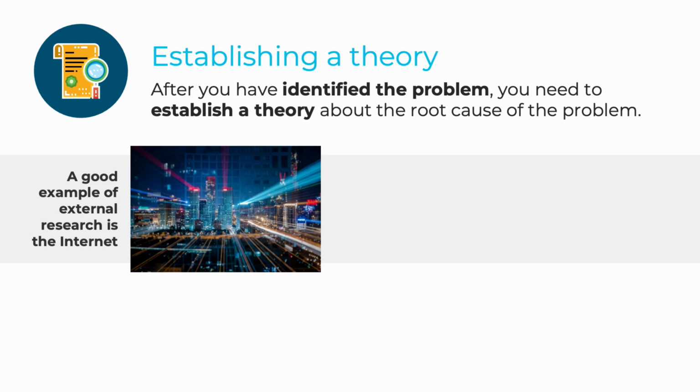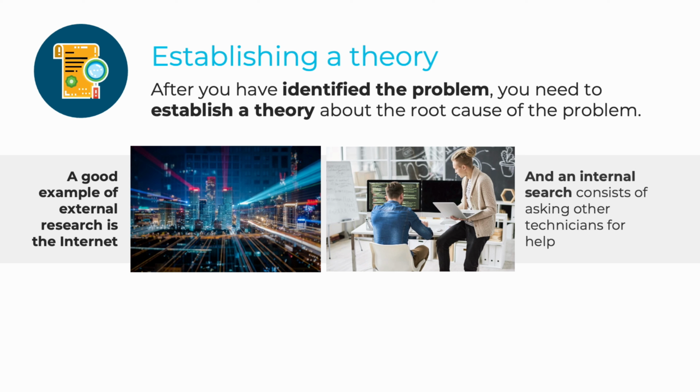It's an extremely powerful tool when you know how to do research, because it allows you to find quick answers to very technical problems. If the customer's computer displays an error message, you just have to copy-paste this error into a search engine. And an internal search consists of asking for help from other technicians or carrying out research in a database, which lists all past problems with the resolution processes.